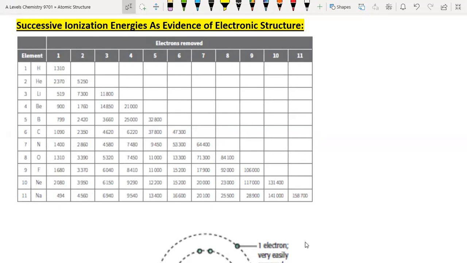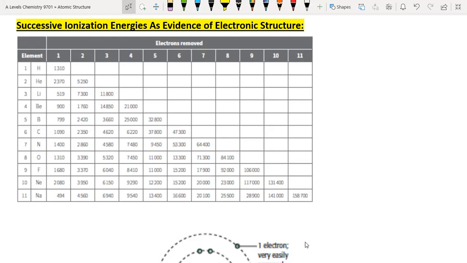Today we are going to continue our topic of atomic structure. Last time we discussed ionization energy, but we were actually discussing electrons in an atom, in other words the electronic configuration.